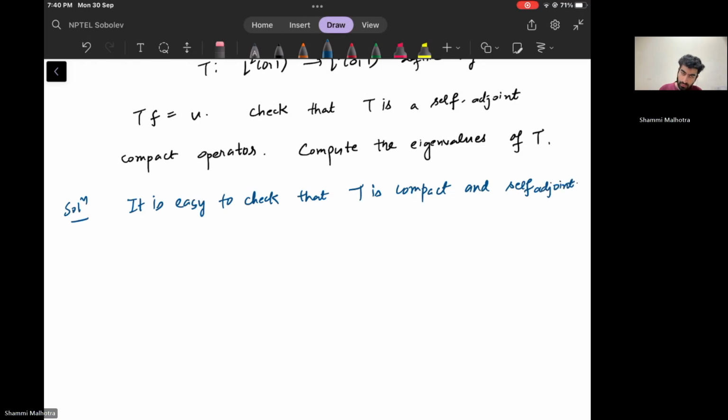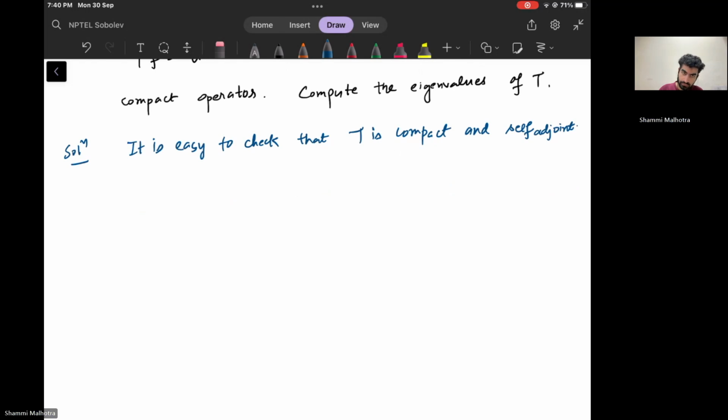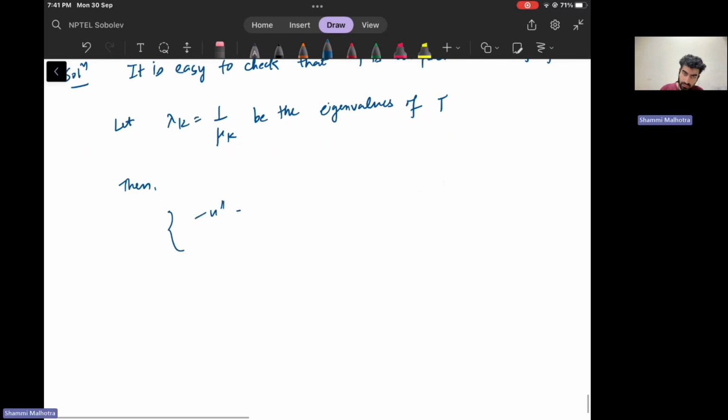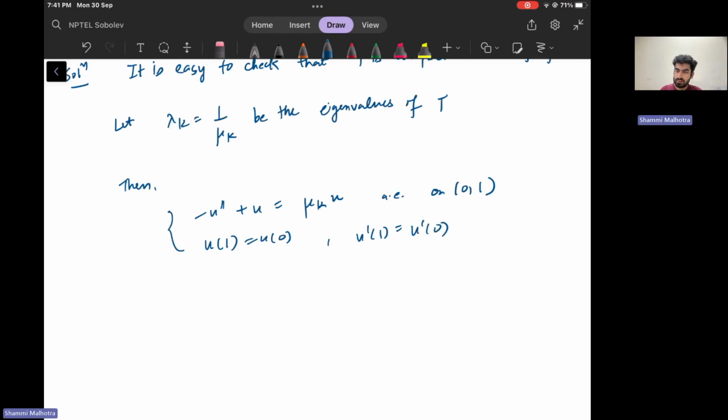So let lambda_k, which I'm taking equal to 1 upon mu_k, be the eigenvalue of T. Then basically we have minus u'' plus u equal to mu_k u almost everywhere on (0,1), and u(1) equal to u(0), and u'(1) equal to u'(0) because k is 0 here.